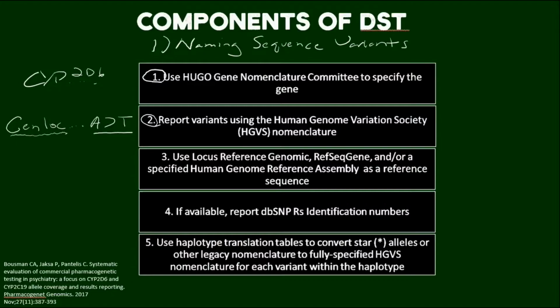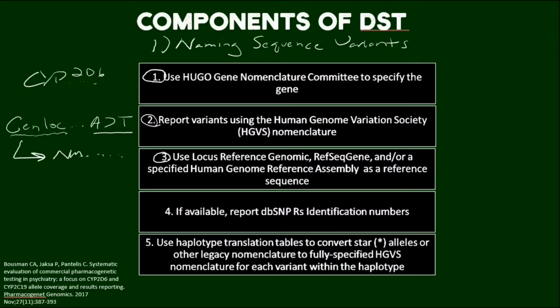For the third recommendation, they suggest using the Locus Reference Genomic, RefSeq gene, and or a specified human genome reference assembly as a reference sequence. What does this mean? It essentially means telling one what gene assembly you used, so having a genome location, which usually starts with an NM and then numbers after it.